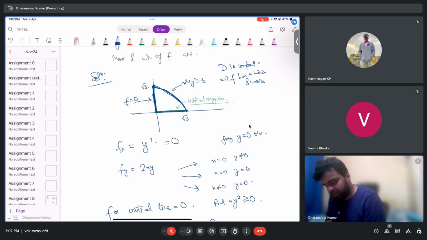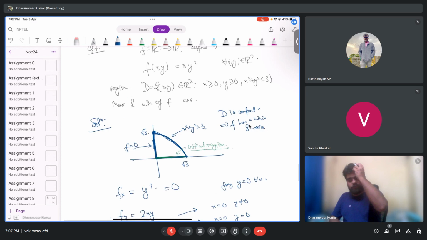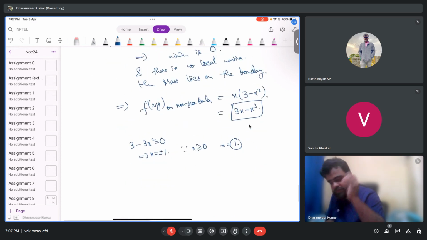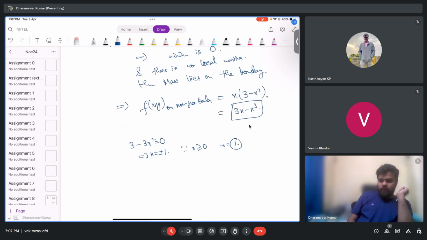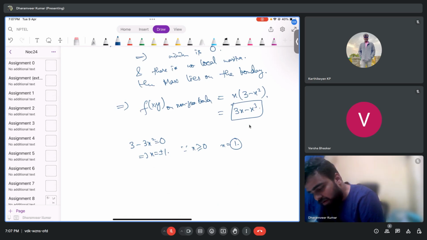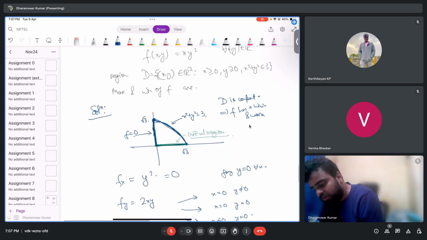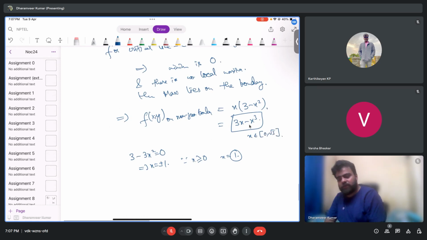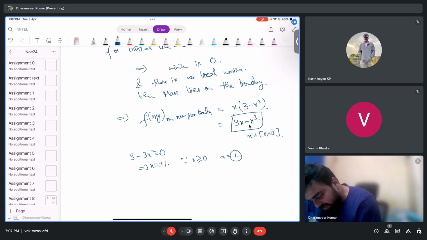Okay, if you look at x equal to 0, or y equal to 0, it's actually x into y square. Either x is equal to 0 or y is equal to 0, it is 0. So basically we have to look at x in 0 to root 3, closed. Now if you want to plot this, at 0 it is 0, at root 3 it's 0.